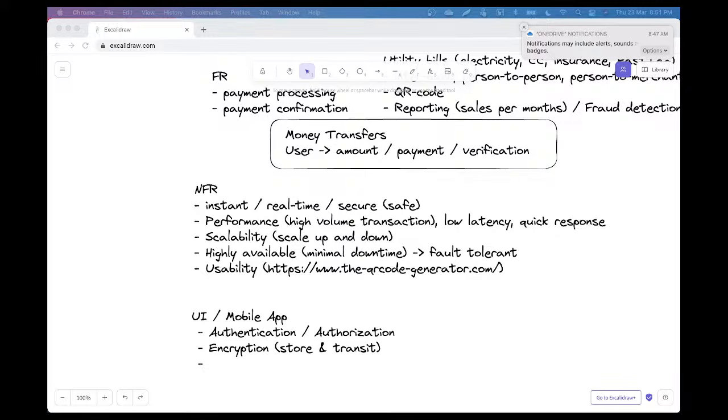A hacker can gain access to millions, billions of credit card numbers, and then it could be used for fraud or for illegal transactions. So it is very important that all the credit card information is kept encrypted and secure, because encryption is only one level of protection. It is not 100% foolproof.